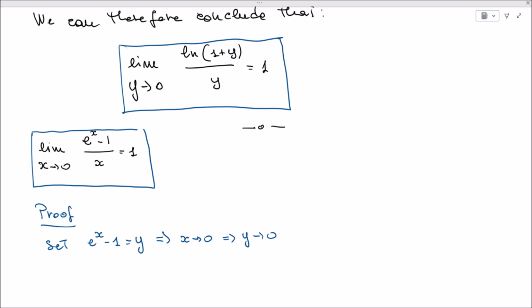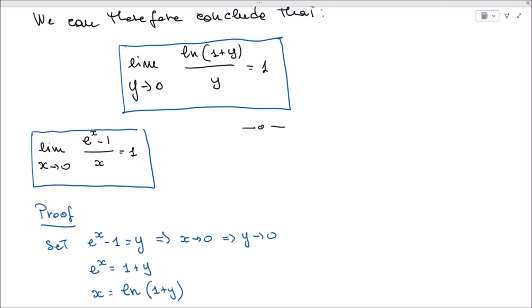And we also need to evaluate x from this expression, and with a little bit of manipulation we get e to the x equal to 1 plus y, which implies that x is going to be the logarithm of 1 plus y.